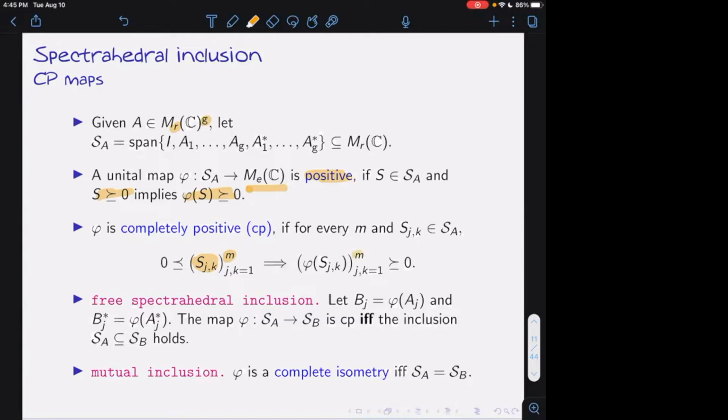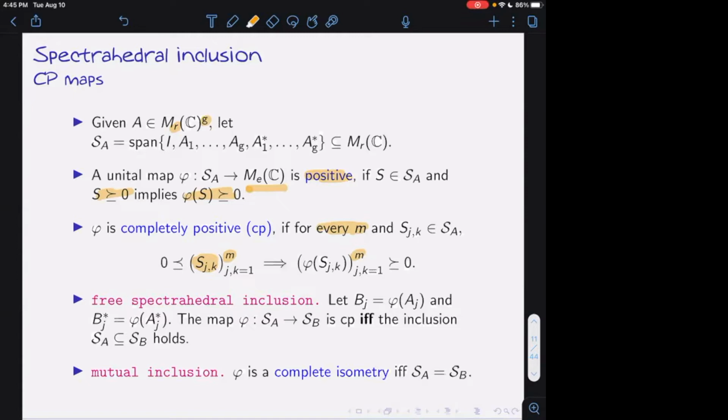So that's this M by M matrix, with entries of size E by E, that should be positive for every choice of M. If it holds for a particular M, that's M-positive; completely positive is M-positive for every M.